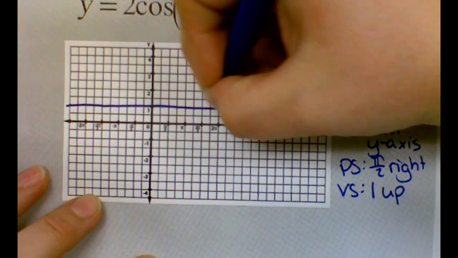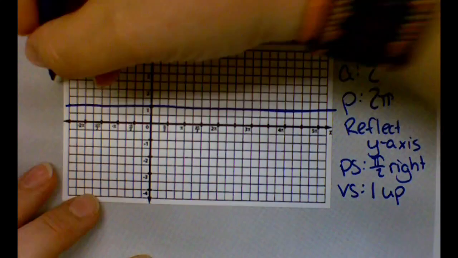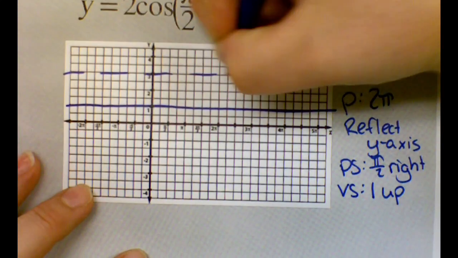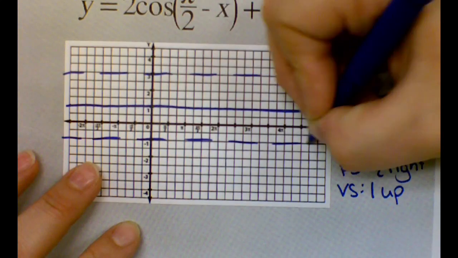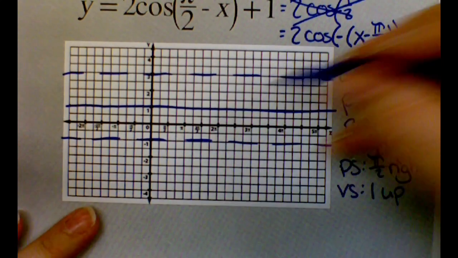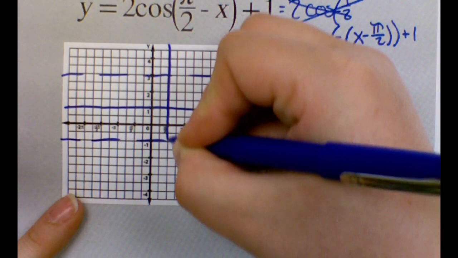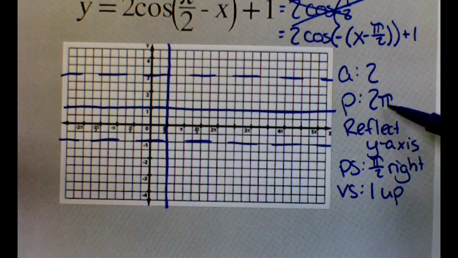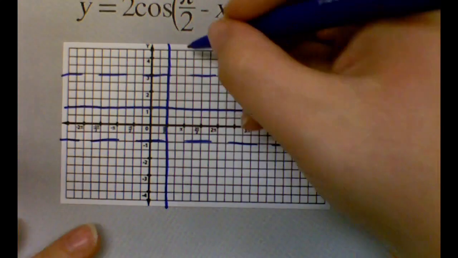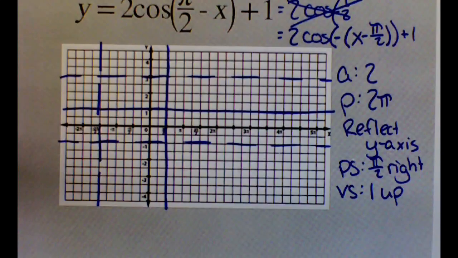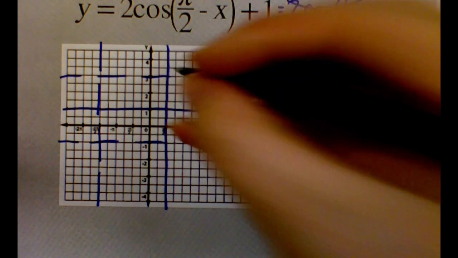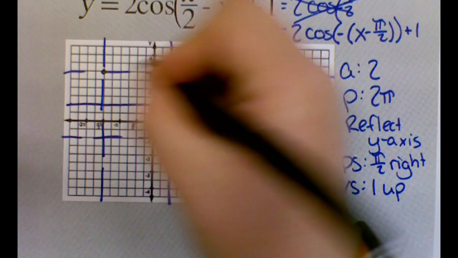So 1 up, start there. Amplitude of 2, maxes are at 3. Minimums are at -1. Phase shift, pi over 2 to the right, start there. Period of 2 pi, but there's a reflection, so we actually go 2 pi to the left. All right, we start graphing. This is a cosine. Cosine starts at a max, ends at a max.